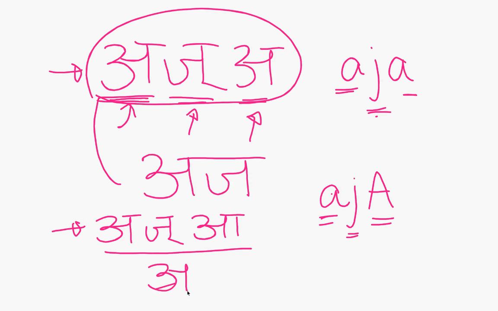But we don't see the general writing like that. What we see is like this: Ja, with one vertical line added after this Ja symbol.